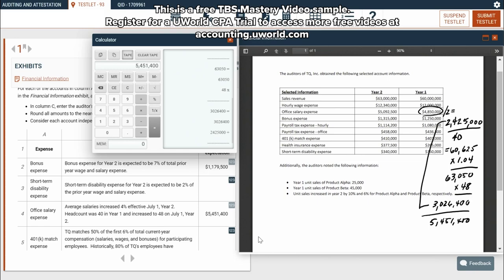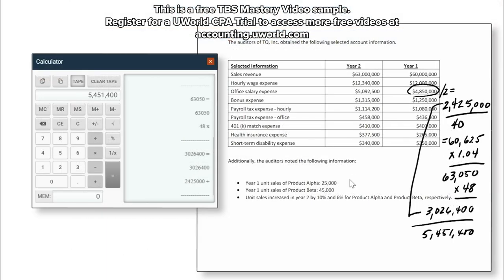Again, I would be done at this point, but let's go ahead and evaluate the number and see if it's any good. Remember, to evaluate, I needed to first calculate the difference between my number and the client's number. My number is $5,451,400. I need to compare that to the client number, and the client number is 5,092,500. When I compare the two numbers, I end up with a variance or difference of 358,900. Then the final step, to evaluate that difference and determine if it's significant, I need to calculate materiality.